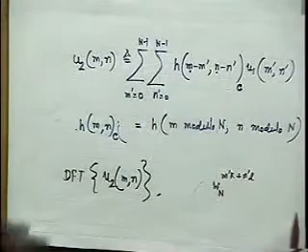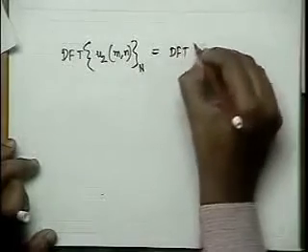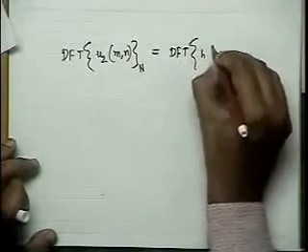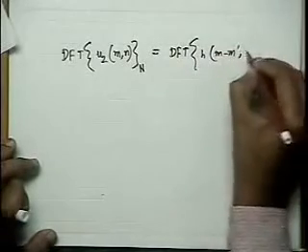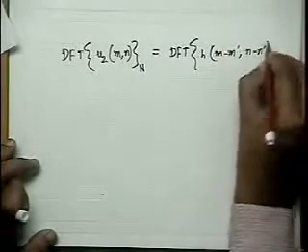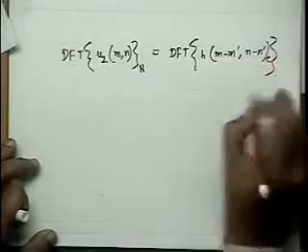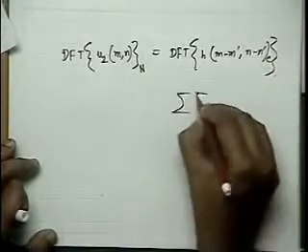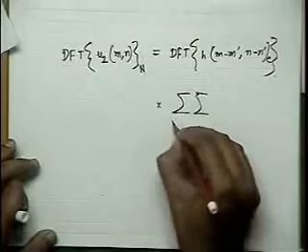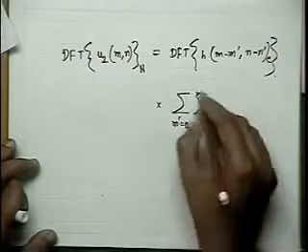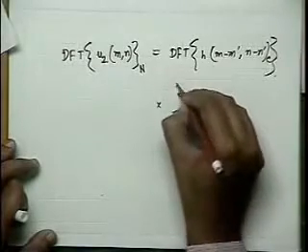What does that result in? Let me explain, because if we write down the things mathematically, it will be more clear. This I can write as the DFT of h of m minus m prime, n minus n prime, circularly defined, and then I have this product with a double summation, m prime equal to 0 to N minus 1.